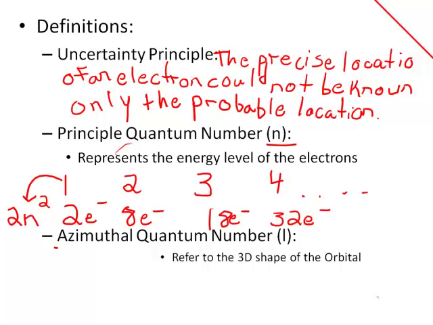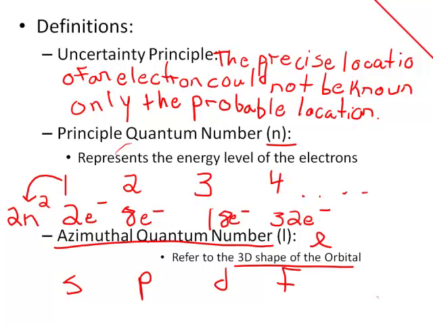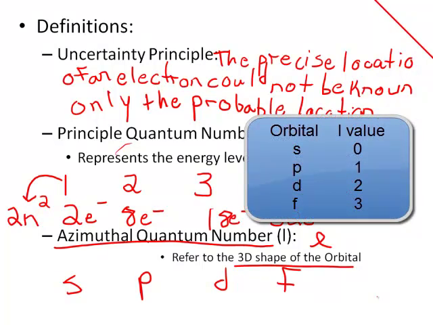That's what the azimuthal quantum number, or l number, refers to: the 3D shape of your orbital. Remember we talked about these last year, they're s, p, d, and f. The s ones are spherical shaped.